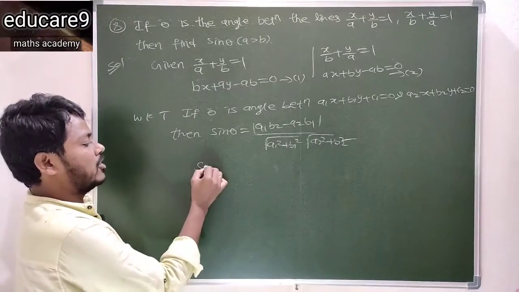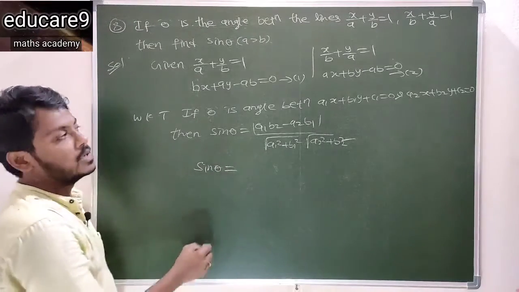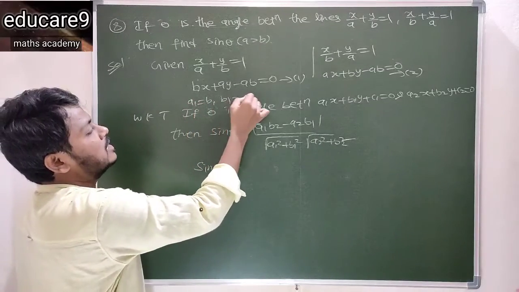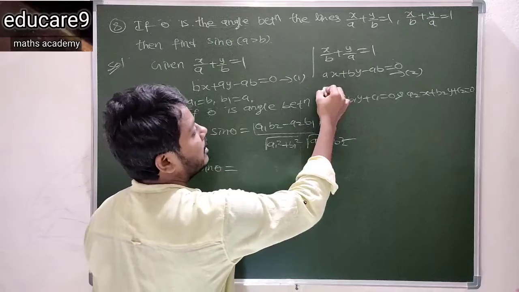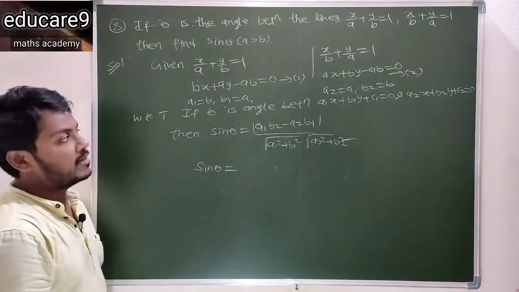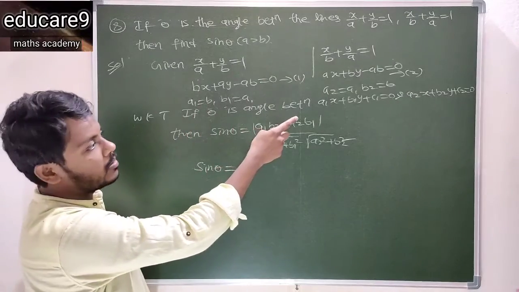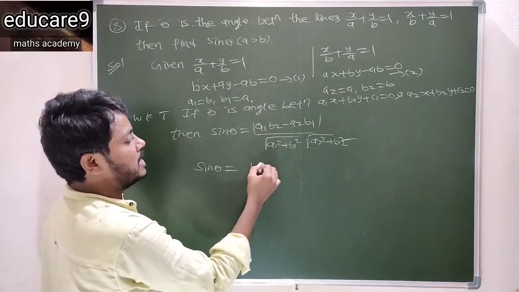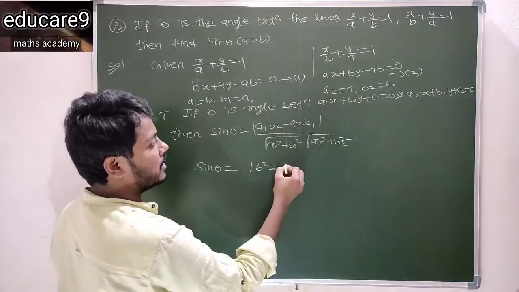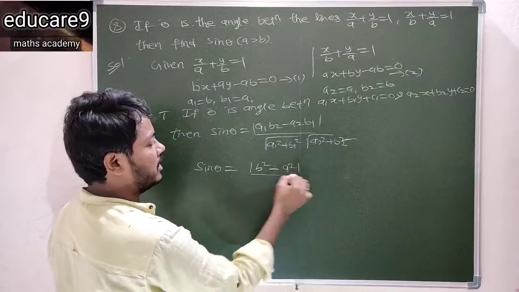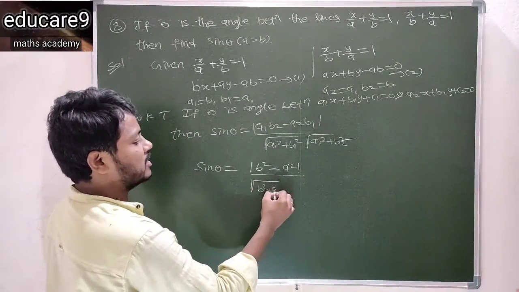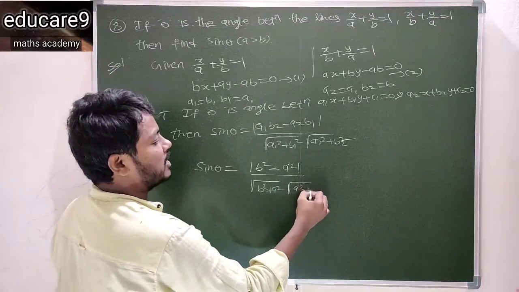Now see here, therefore sin theta is equal to, see here, a1 is equal to b and b1 is equal to a. Here a2 is equal to a and b2 is equal to b. So a1 b2, so b into b, b square, minus b1 a2, that is a square, divided by root of a1 square plus b1 square, that is b square plus a square, into a square plus b square.